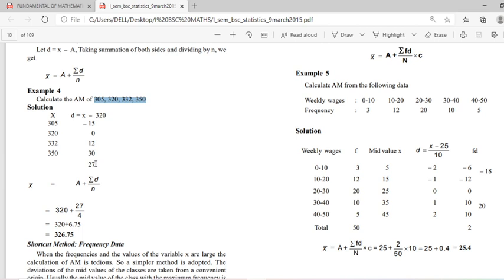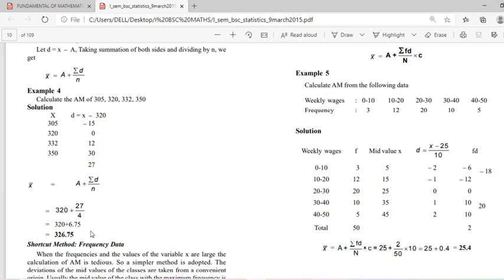What would be the formula for computing the mean? X bar equal to A plus summation Di by N, where A is 320. That is 320 plus 27 by 4, that is 320 plus 6.75, that is 326.75.